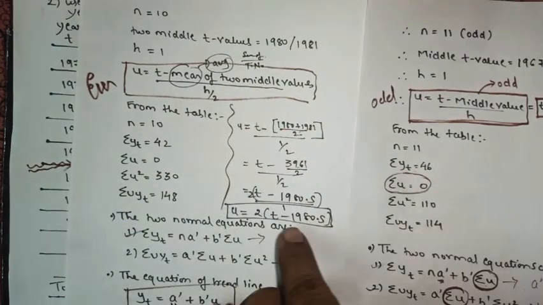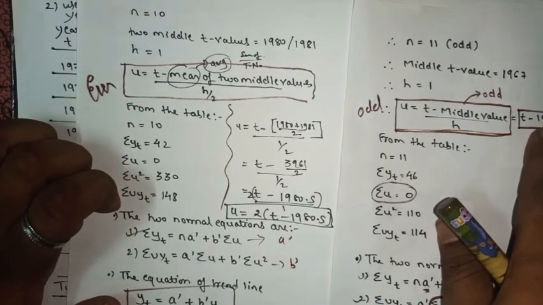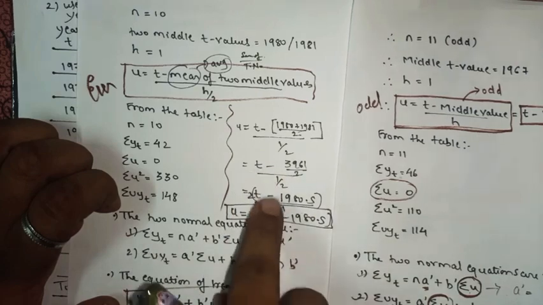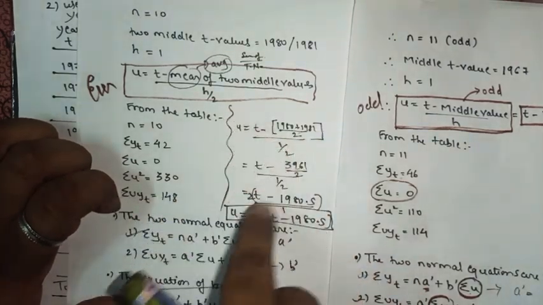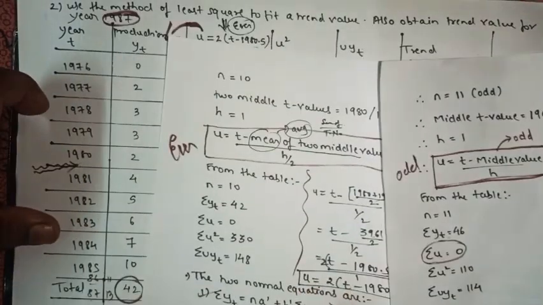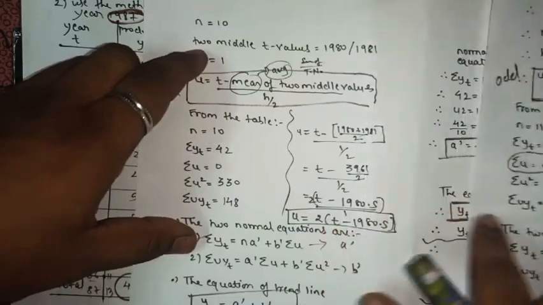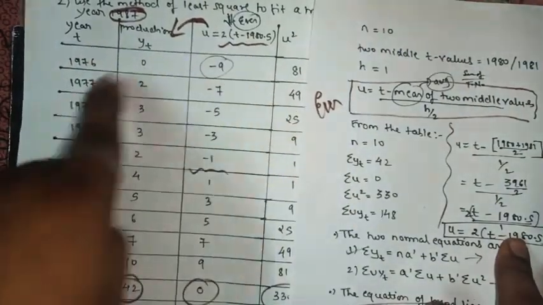So when you will solve, you will get this answer. Okay, for odd, here we got this one. So remember this. I explained and I showed the calculation part for even also, how you will get this part 2t minus 1980.5. Okay, after that simply substitute the value of t, replace the value, you will get this answer.